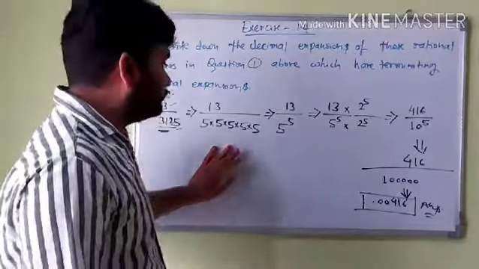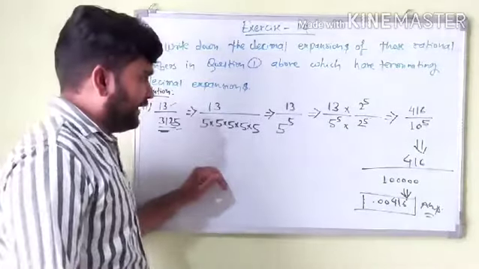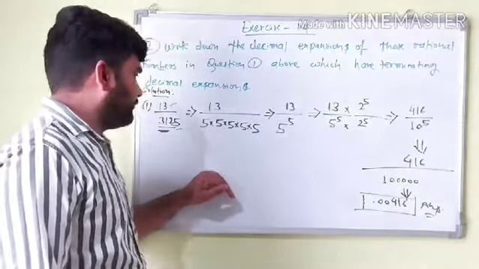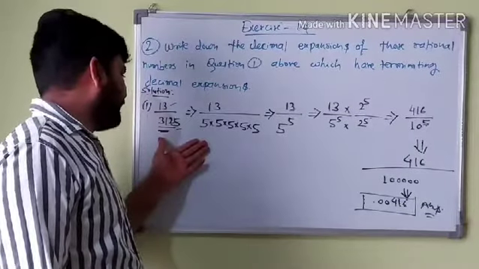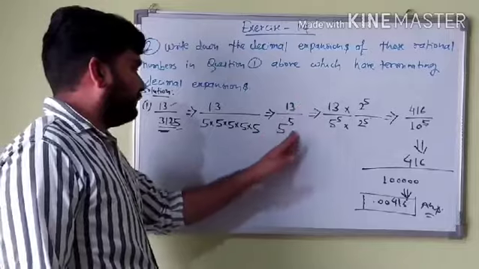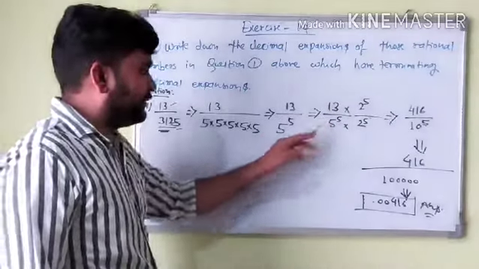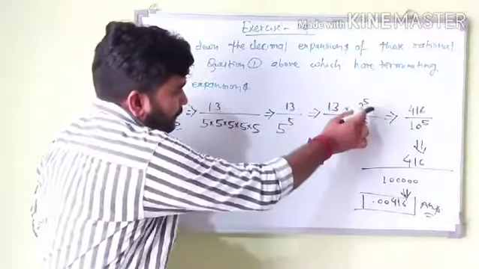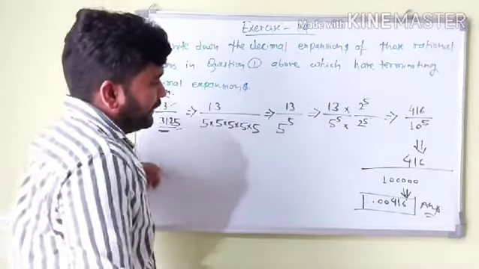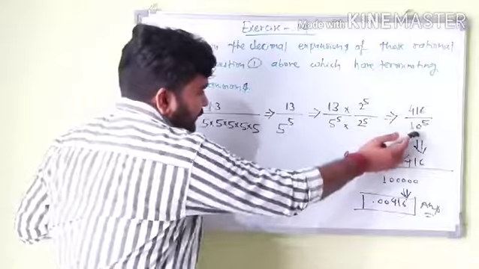Also, it means that it has a terminating decimal expansion. First write the prime factorization of this, and we got this one. After that, for 13 by 5 to the power 5, we can manage it: we multiply 2 to the power 5 on both numerator and denominator, and we get 416 over 10 to the power 5.